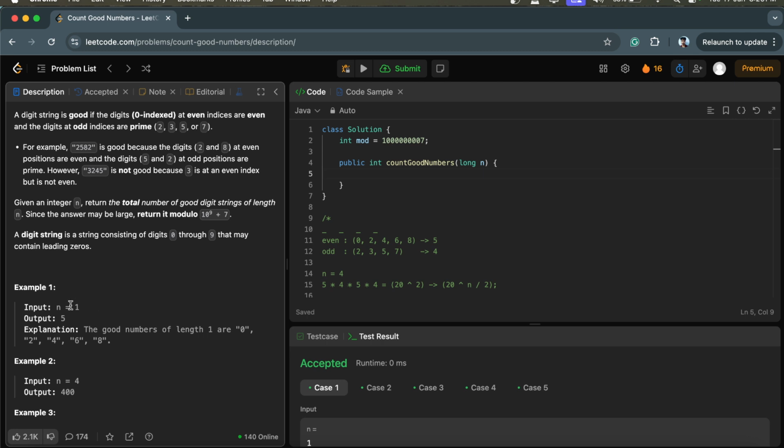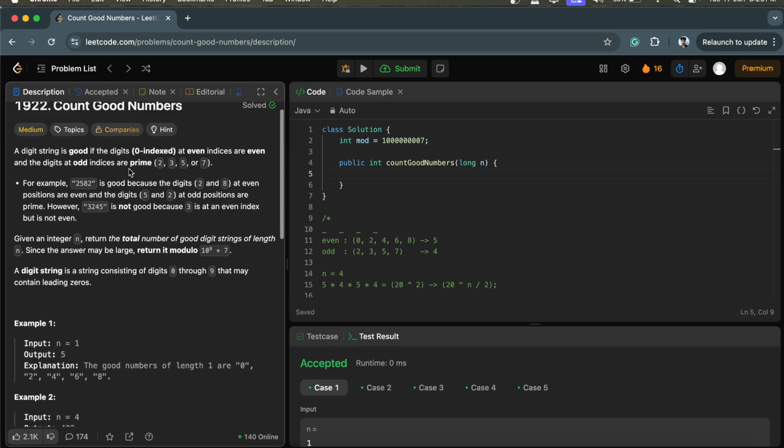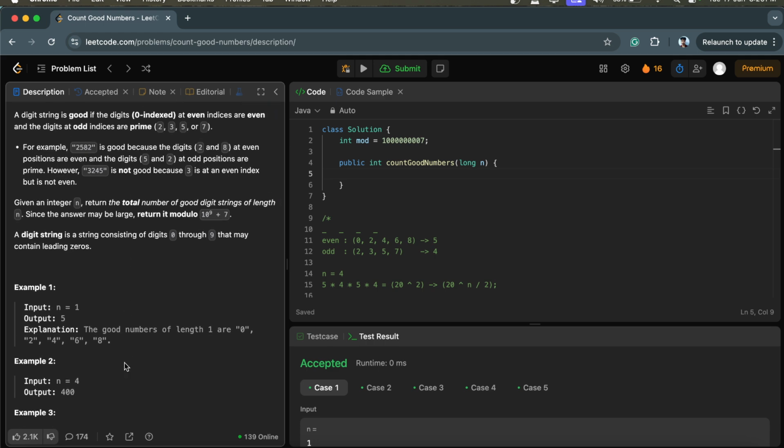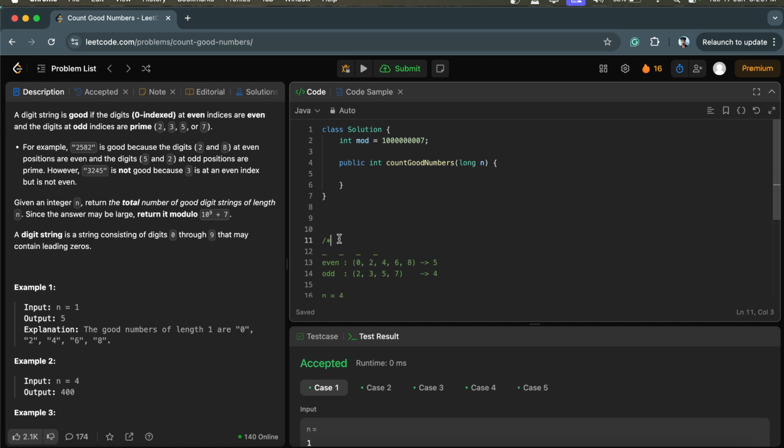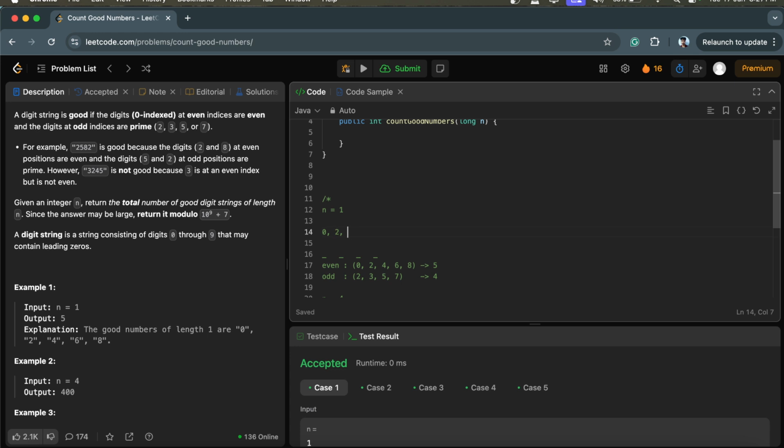Now n is given as the length. So in this n, how many digits can we put? Let us suppose n equals 1. At the 0th place, which is an even location, we can keep all the even numbers: 0, 2, 4, 6 or 8.